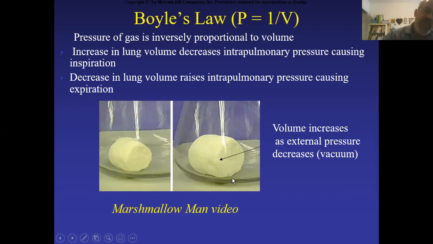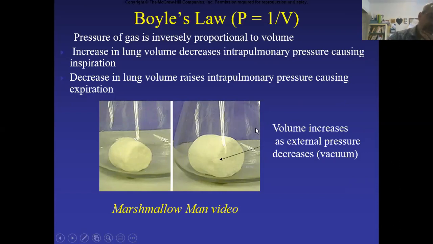This is the same flask with the same marshmallow, but we've applied a vacuum. So when we applied a vacuum, what did that do? Well, we reduced the pressure inside. And what happens to the marshmallow? It got bigger.